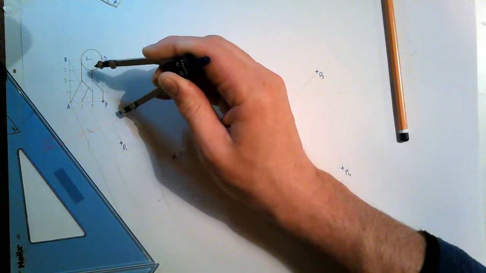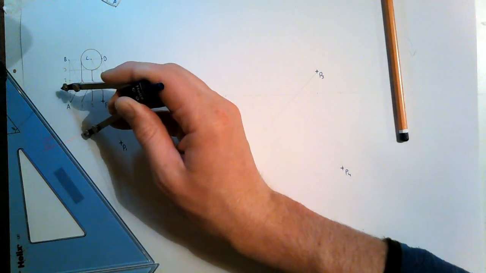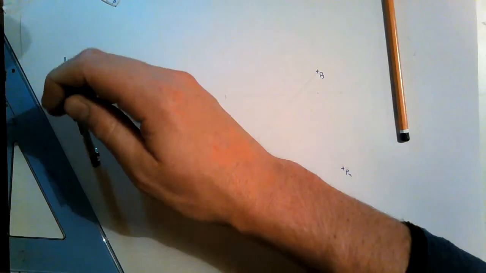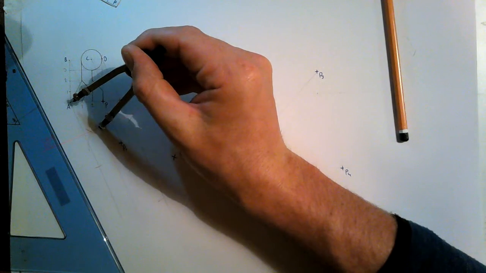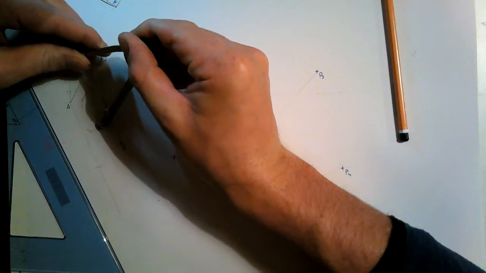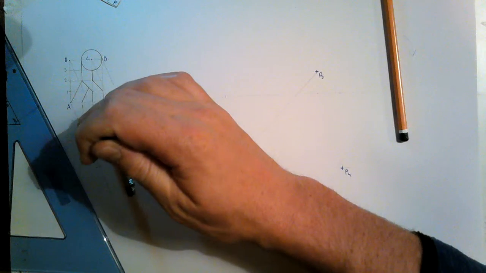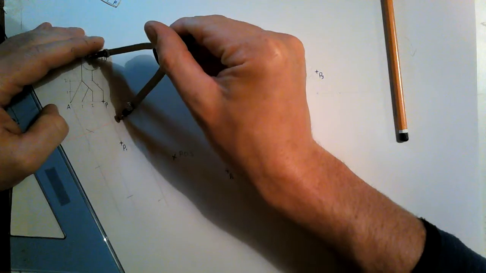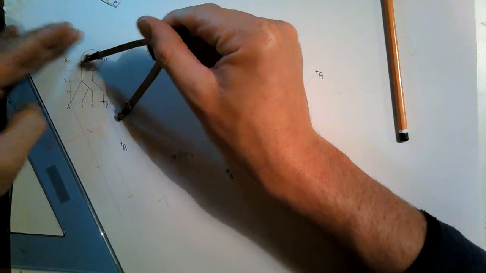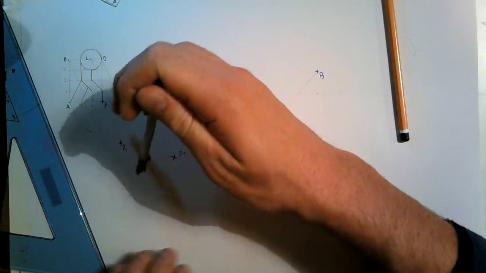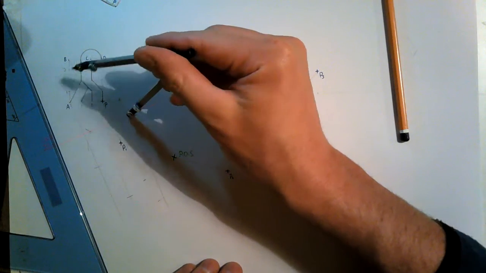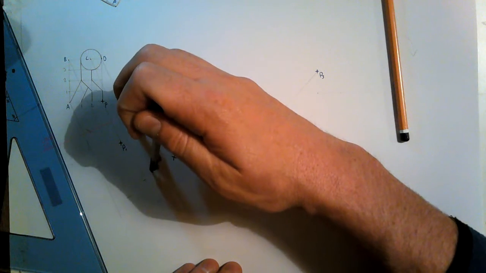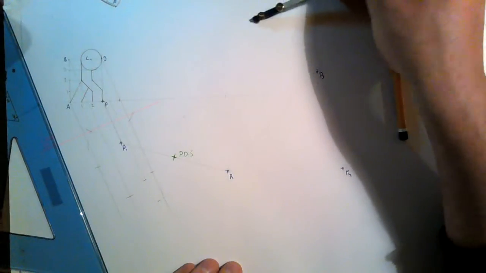We've already got P and P1, so I'm going to get A. A, okay. I'm going to get B. B. I'm going to get C. C, I'm going to get D. Okay, so I can start marking them off there now.